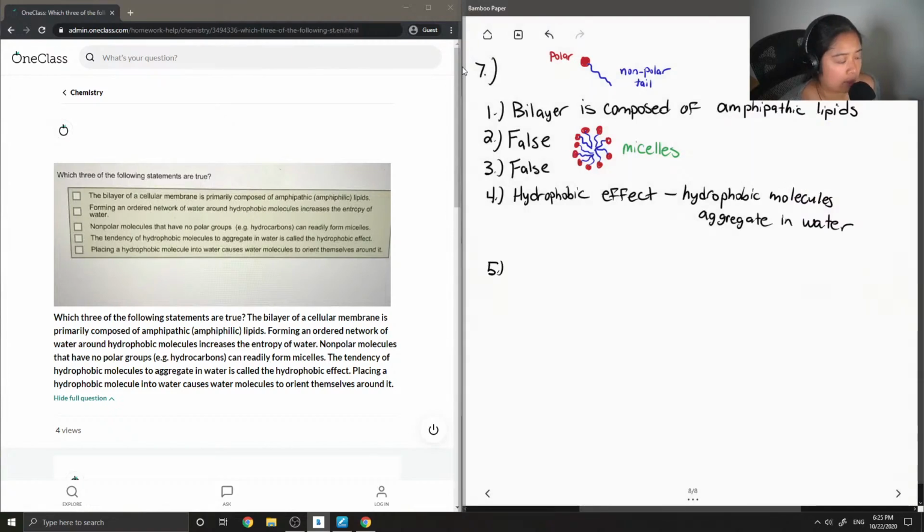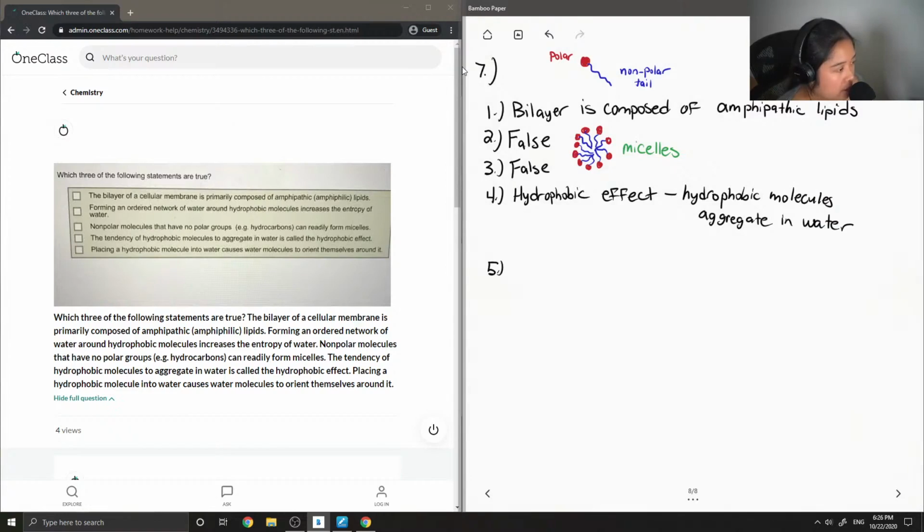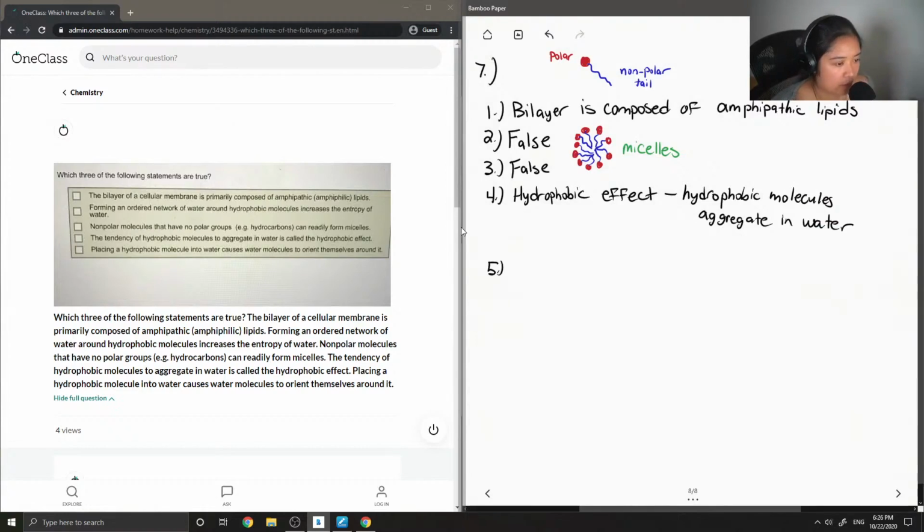And then lastly, for 5, placing a hydrophobic molecule into water causes water molecules to orient themselves around it. So this is true.